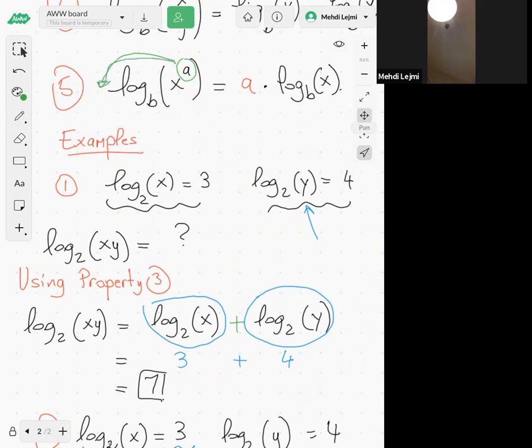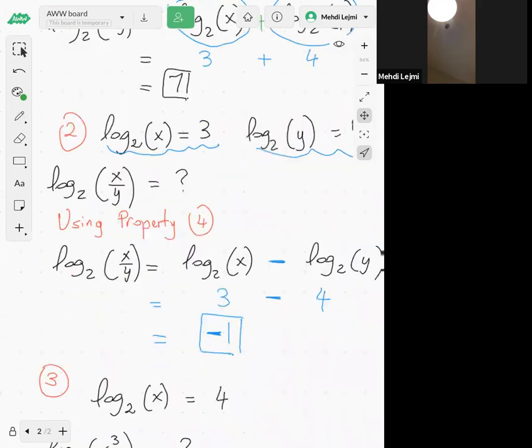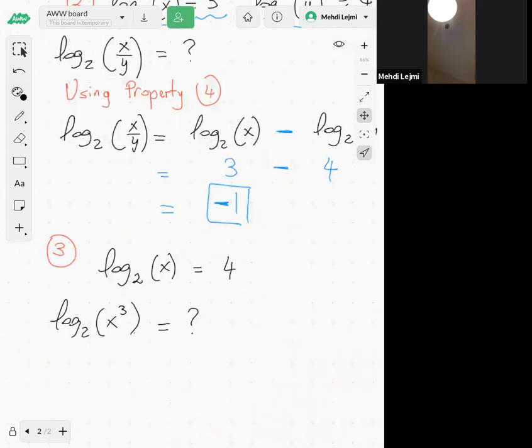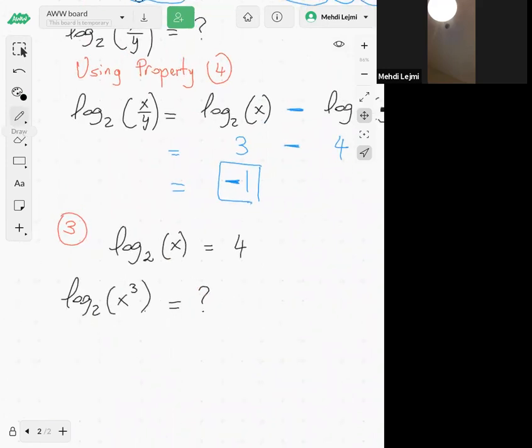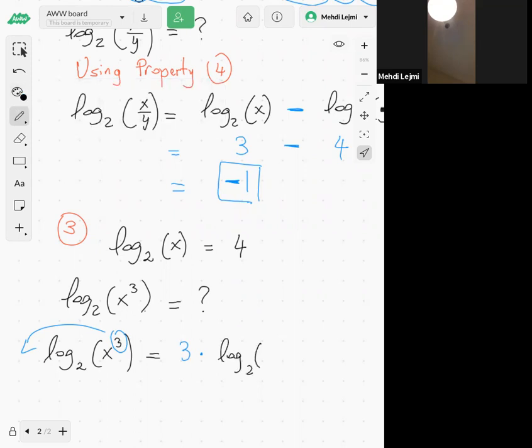So log in base 2 of x cubed, I can put down this power 3 in front of the log. So there'll be 3 times log in base 2 of x.